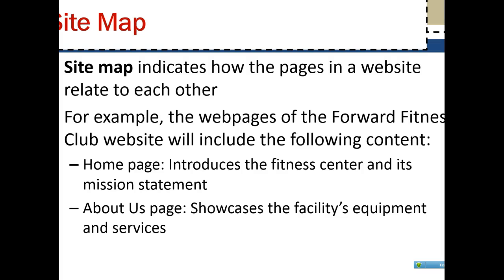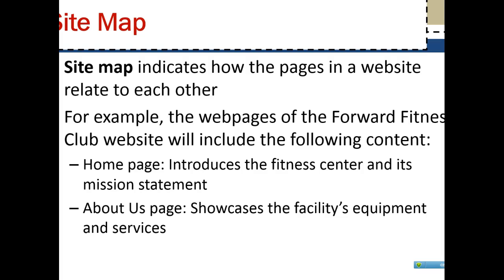So, for example, the owner of this Forward Fitness Club, we want to ask them how many pages they want to have. So maybe they come up with 5 pages: the home page, maybe about us, maybe classes, maybe nutrition, and contact us. And each of them will have different information on it.